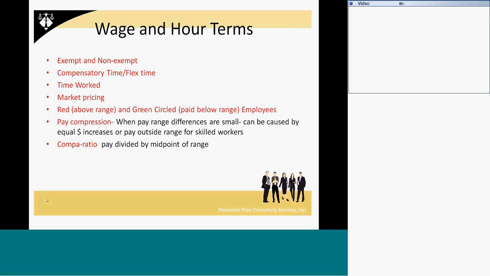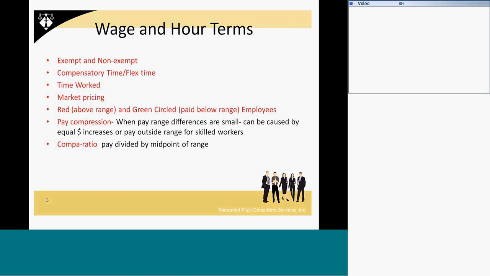Comp time refers to the practice of, if somebody works excess time in one work week, having them take the time off in a different work week. Flex time refers to if somebody works extra on a given day during the work week, they take time off in the same work week.